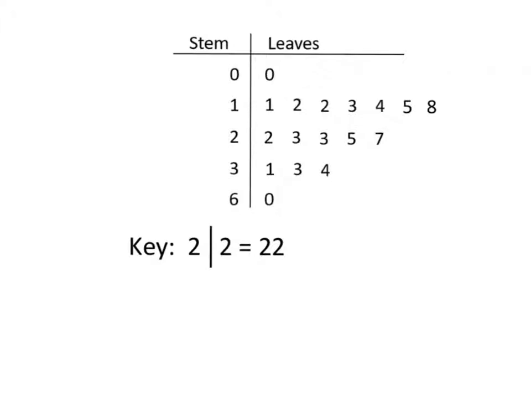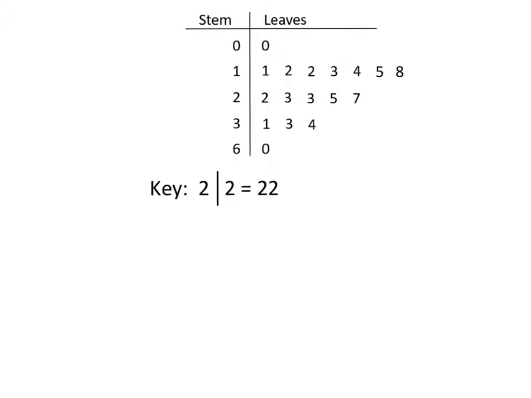So for example, 6 | 0 would be 60, 6 tens, 0 ones. 0 | 0 would be 0. And in fact, 0 shows up in our set. Let's begin by focusing on the measures of center. So we're talking mean, median, and mode.